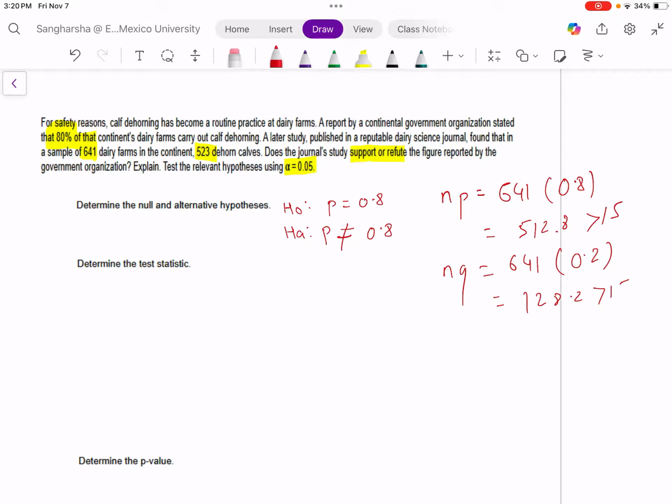This is also greater than 15. So in both cases it is greater than 15, so 641 is large enough.